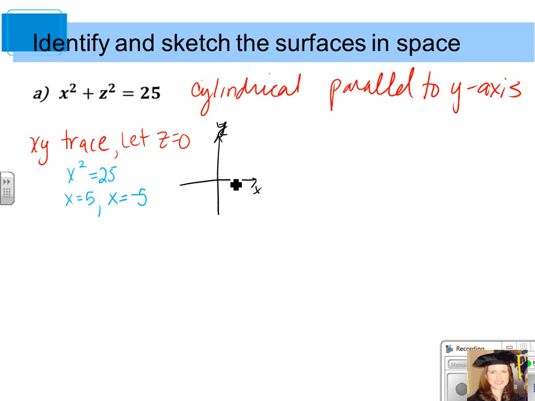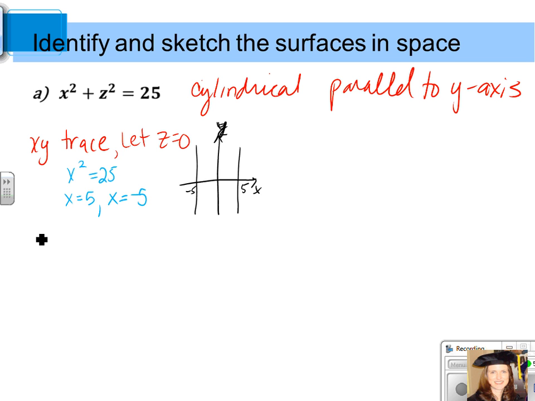The line x equals 5 is a vertical line through positive 5 on the x-axis, and x equals negative 5 is a vertical line through negative 5 on the x-axis. This is our xy trace.